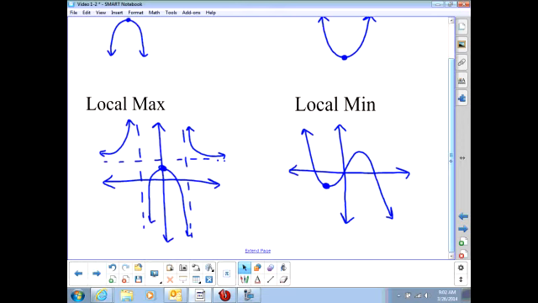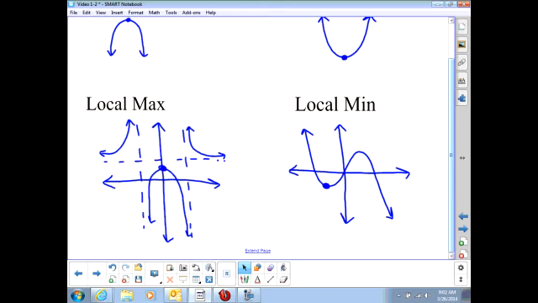A local max and local min, which we'll sometimes refer to as relative maxes and mins, deals with a value that is higher, or lower if it's a min, than all of the points nearby. So notice in the local max, that point that I have drawn there, it's higher than all of the points close to it.